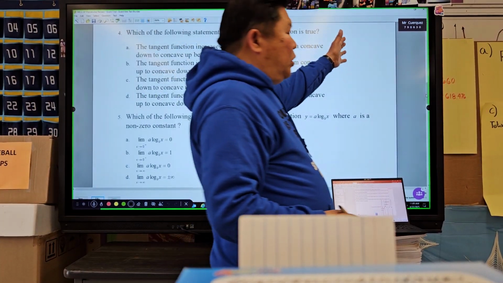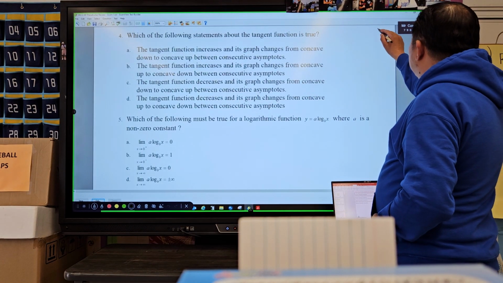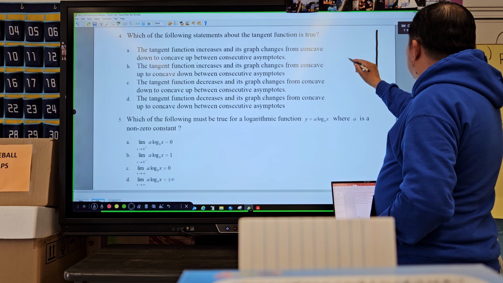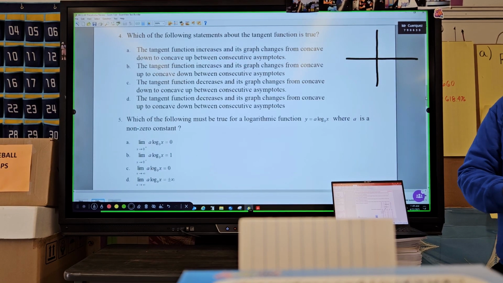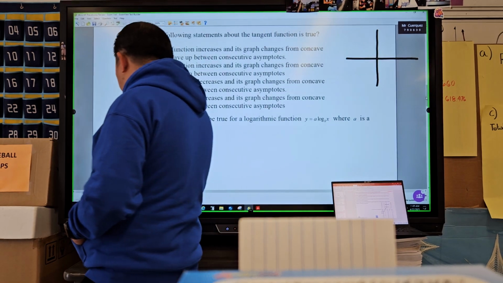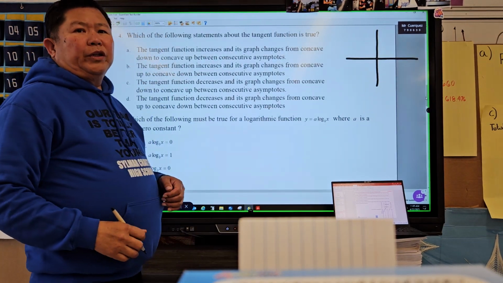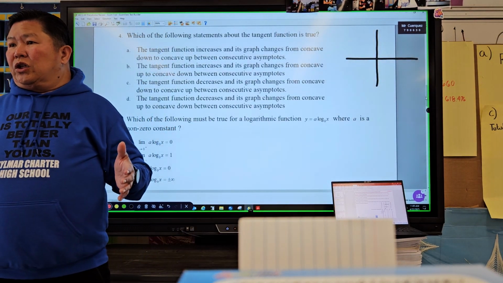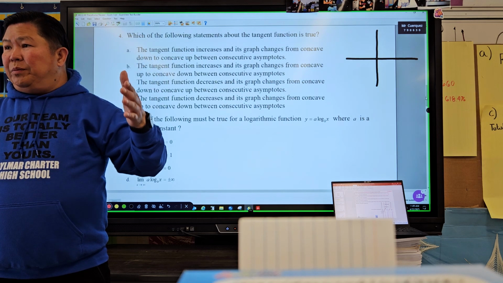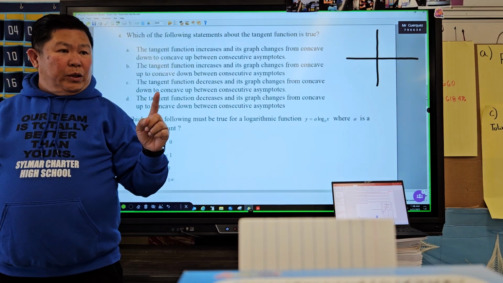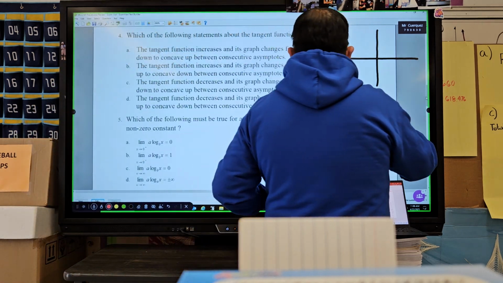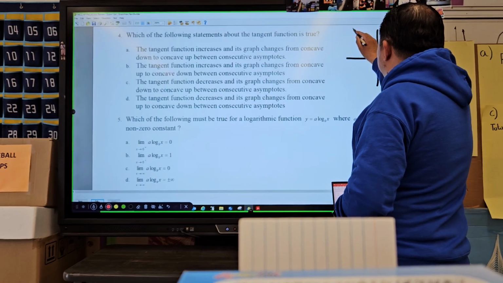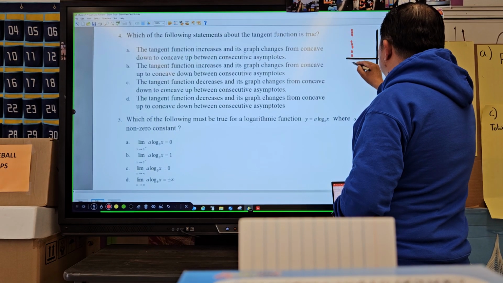I'll just draw right here. Is it ready? Now remember, the graph of tangent function is in between the asymptotes, right? The vertical asymptote. So I'll use this color for vertical asymptote.